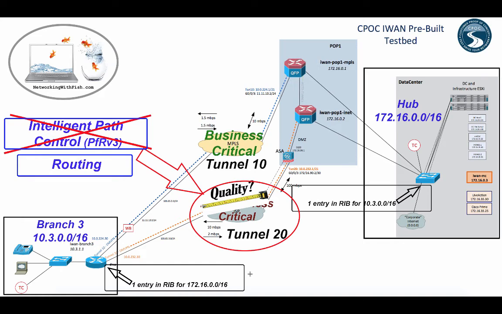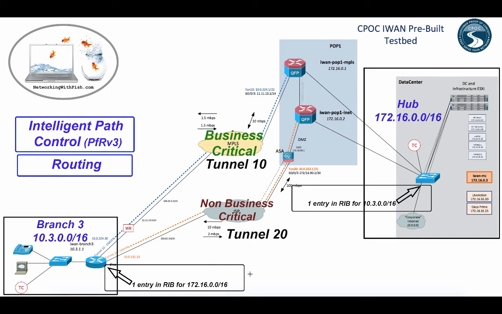But that's the beauty of Intelligent Path Control. You can have that one entry in the rib in case you need to fall back to routing. But when the Intelligent Path Control is up and working, you can go ahead and send the business critical traffic one way and the non-business critical traffic another way. And you can go ahead and have that world.